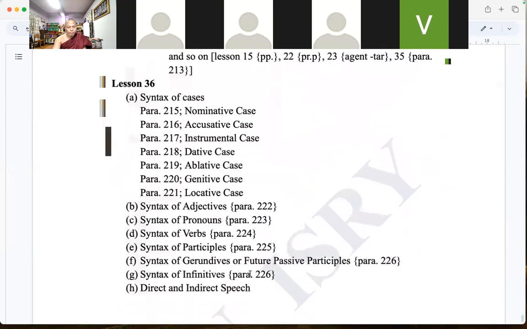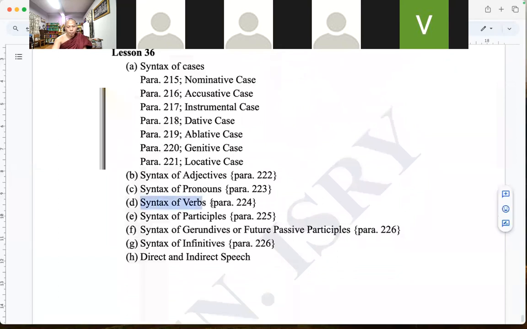The other ones are the syntax of verbs and the syntax of infinitives. But the syntax of the gerund, the absolutive, is not included here.